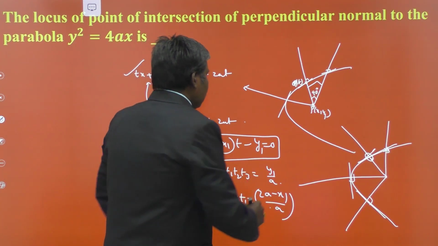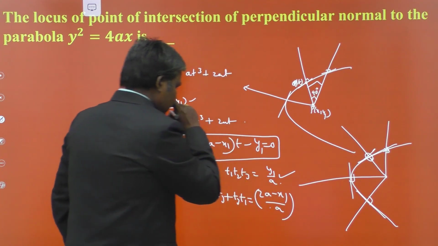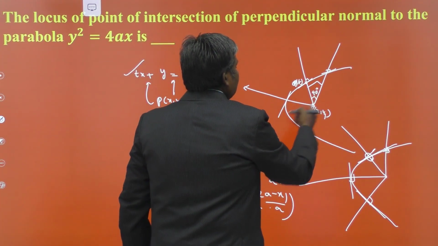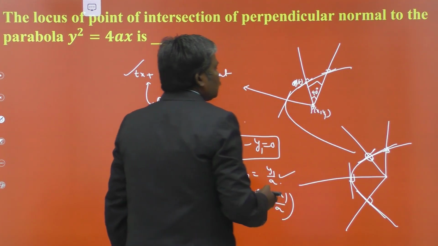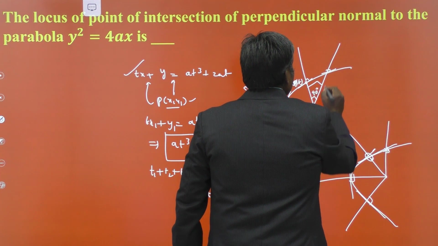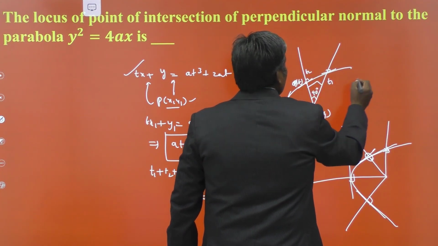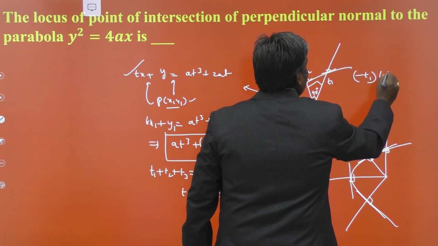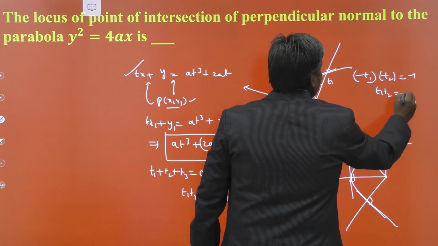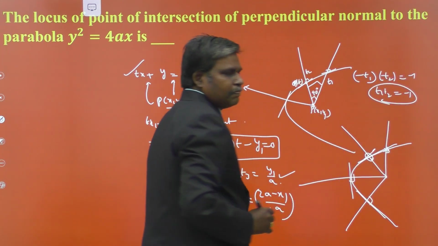So t1 t2 t3 = y1/a, in which 2 of the roots, t1 and t2, correspond to the slopes of the perpendicular normals. Suppose this is t1 and this is t2. The slopes' product is -1: (-t1)(-t2) = -1.